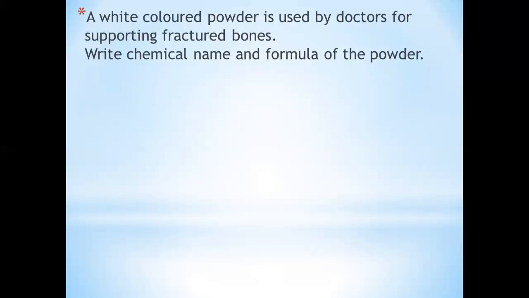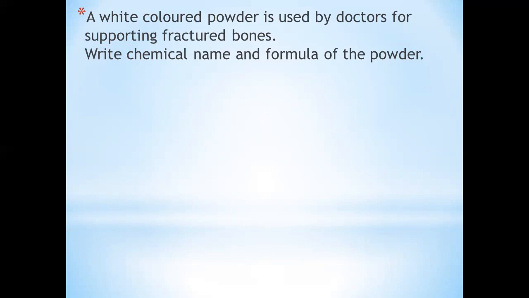A white colored powder is used by doctors for supporting fractured bones. Write chemical name and formula of the powder. Calcium carbonate? No. Read the question again. What will be the answer?